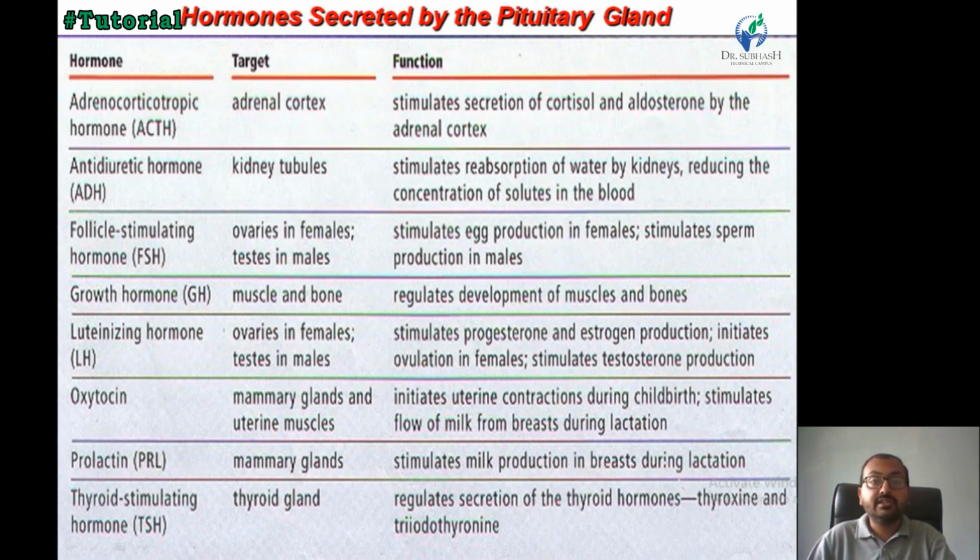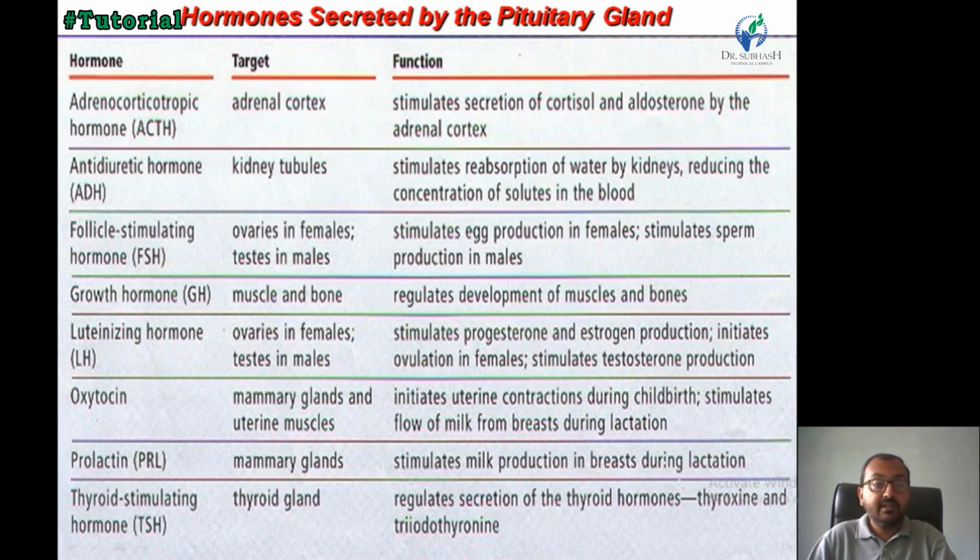It regulates the development of muscles and bones. Next, that is luteinizing hormone, for ovaries in females and testes in males, already discussed. Next is oxytocin, that is mammary glands and uterine muscles. It initiates uterine contractions during childbirth and stimulates the flow of milk from the breast during lactation.